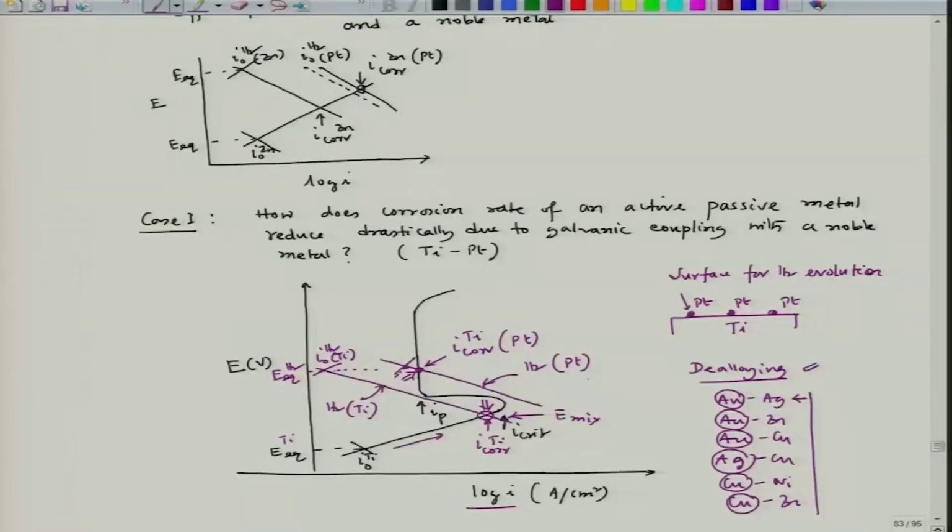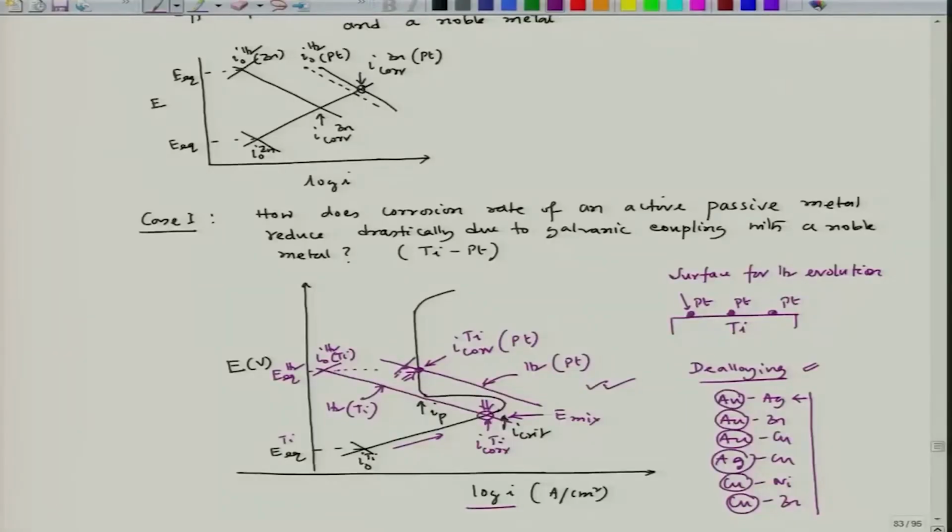So, the platinum would get deposited on the surface in the form of locally enriched platinum dots, and those will then provide surface for enhanced hydrogen evolution rate, and that would lead to a situation like what we see in this particular diagram. The corrosion rate reduces drastically because of the hydrogen evolution rate on the noble metal surface; in case of an active passive metal like titanium, it takes the mixed potential to the passive zone.